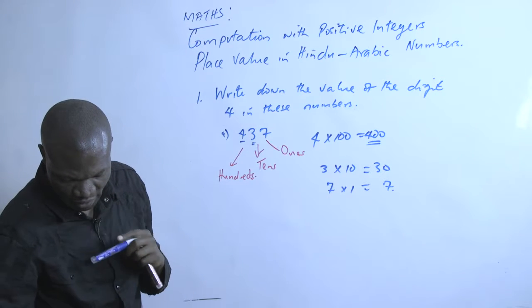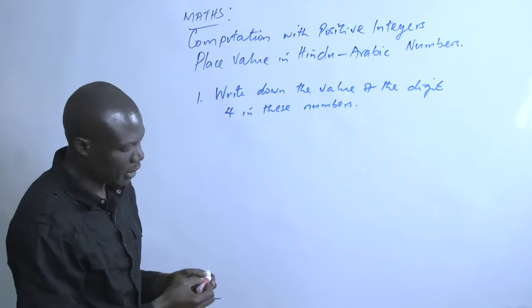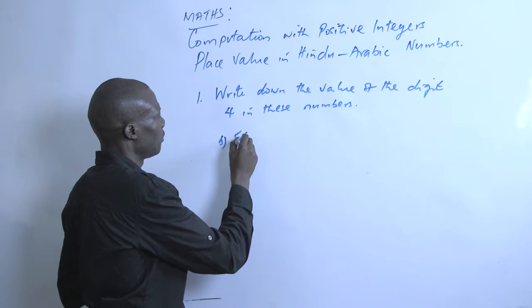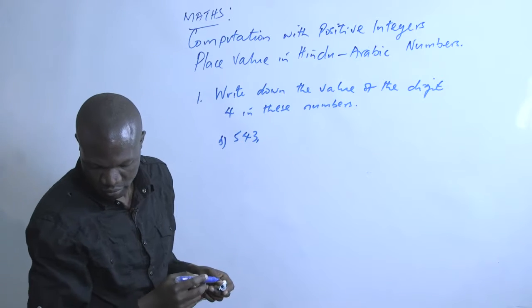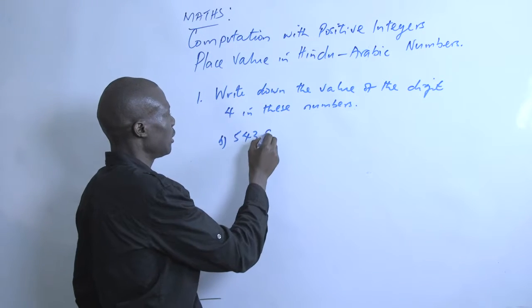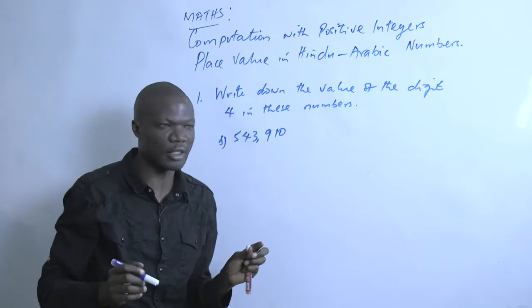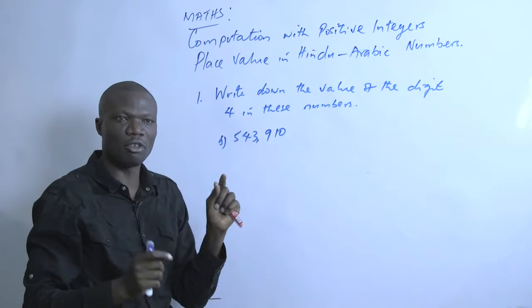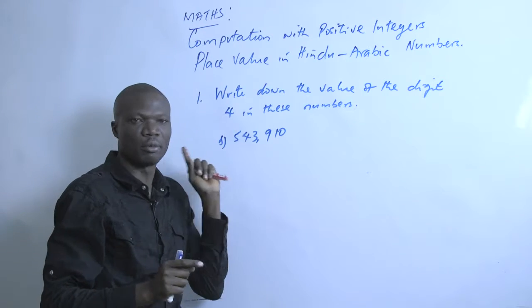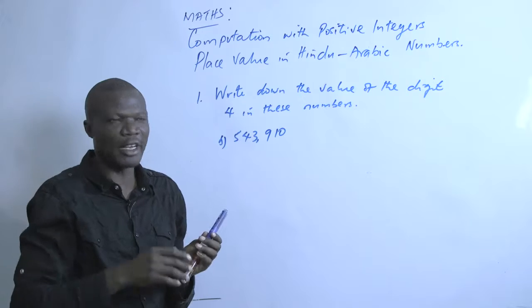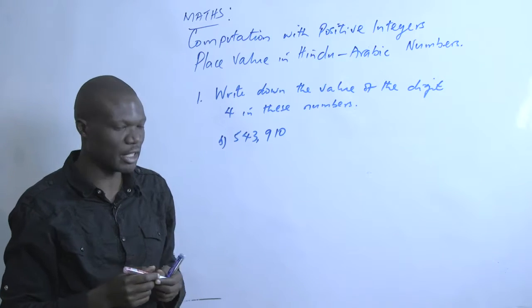Let us look at another number. This one is 543,910. We are still interested in the value of the digit 4. So looking at the position of 4, we again identify what position it lies in.